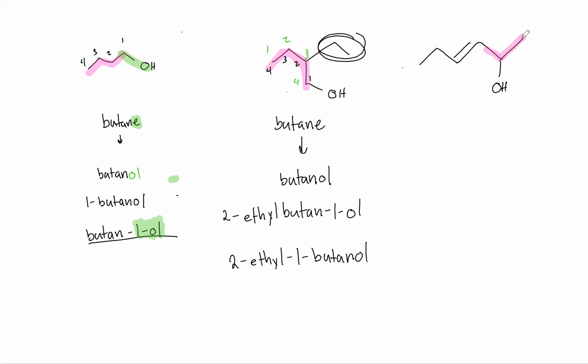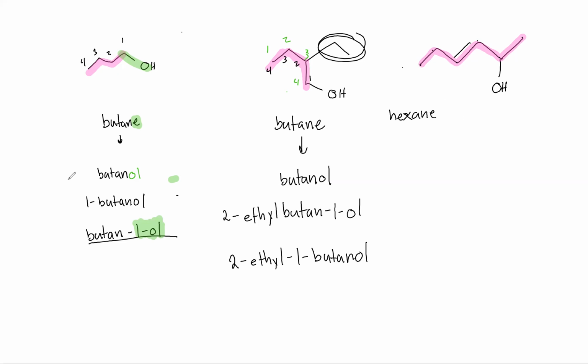Here it's easy because it's just this. All right, so we say we have 1, 2, 3, 4, 5, 6. So that base name is going to be hexane. So what's important here is to say I have 2 separate functional groups that are going to change this base name.